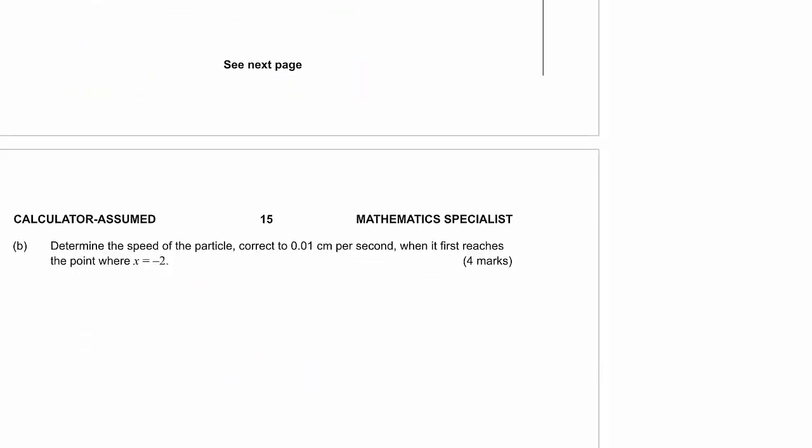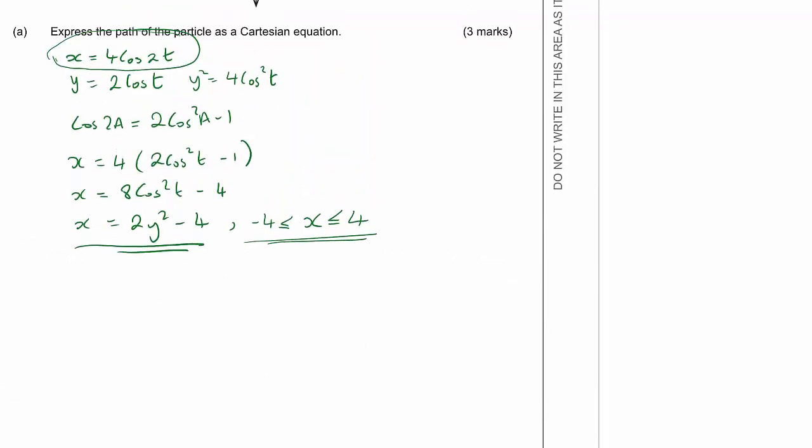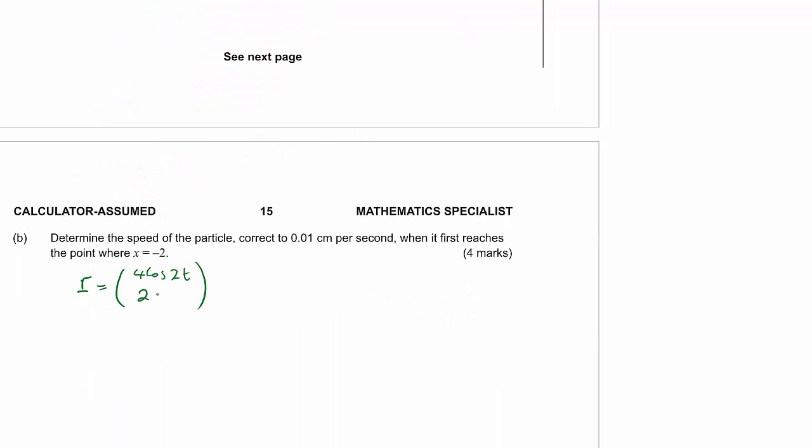Determine the speed of the particle when it first reaches the point where x is -2. Now we know that r was 4 cos 2t, I believe was the x, and the y was 2 cos t. So x equals -2 means that 4 cos 2t is equal to -2, which means cos 2t is -1/2.